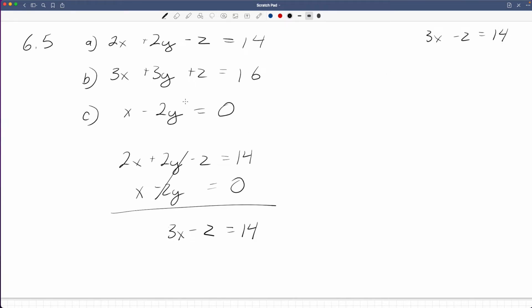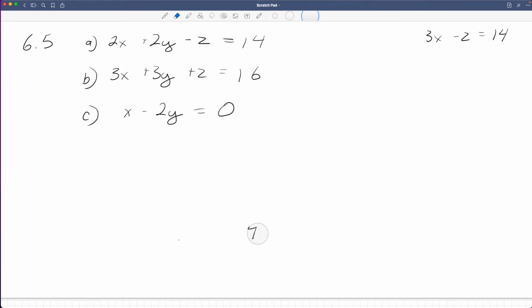All right, so now I need to solve the other one. Let's see if we can do this again. I'm going to use the first one and the second one, and I'm going to multiply by the opposite, right? So I'm going to say, let me get rid of this so that we have some room. We'll treat this like this is my scratch paper. So now I'm going to say 3 times this, and I'm going to say negative 3 times this.